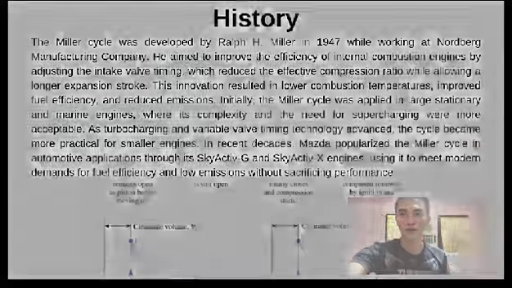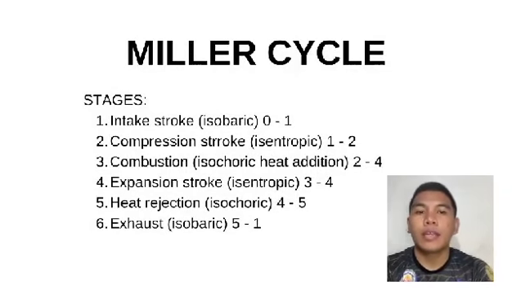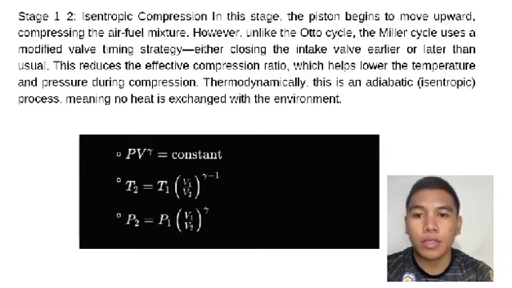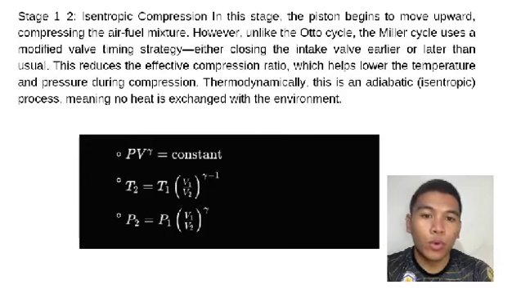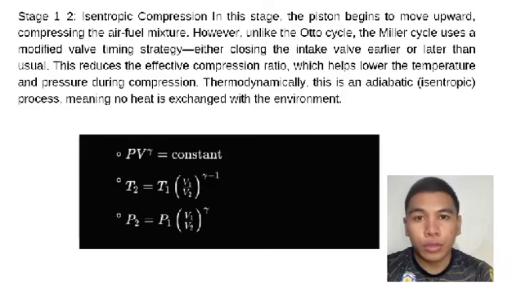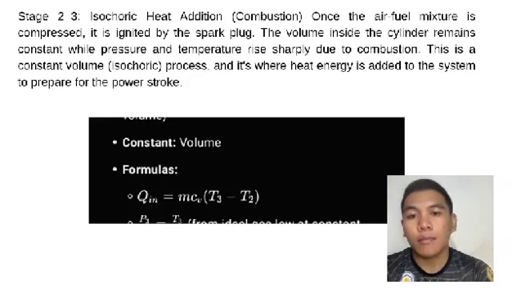Next, the Miller cycle has 5 main thermodynamic stages. First, intake stroke, 0 to 1, isobaric, constant pressure. Second, compression stroke, 1 to 2, isentropic, no heat exchange. Third, combustion, 2 to 3, isochoric, constant volume.